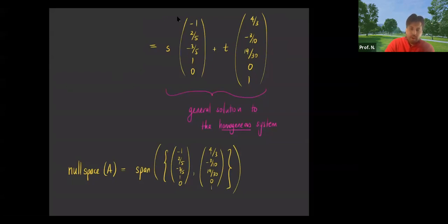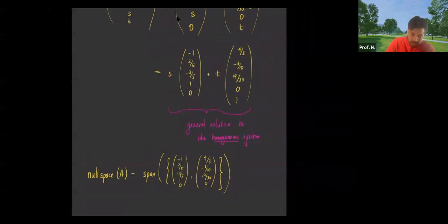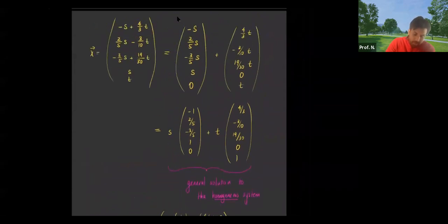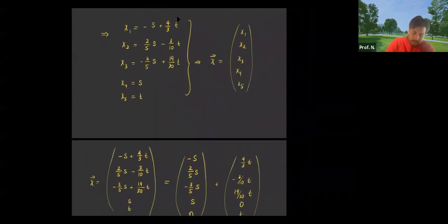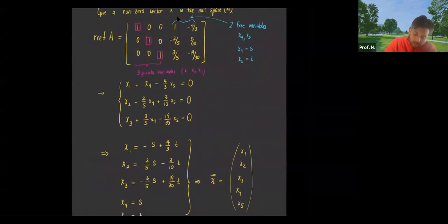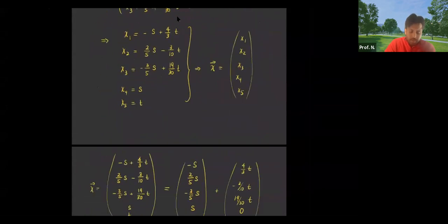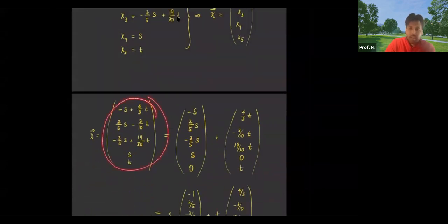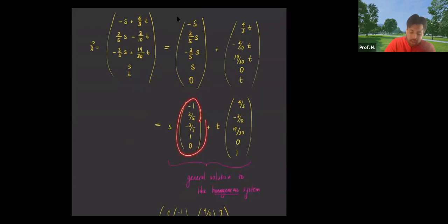Why is this the null space? Why is this the span? Because I found what x is, right? X is the solution to this equation. That's what I found. I found the solution to the homogeneous system. But what I notice is, hey, look, this is also expressed as a linear combination.